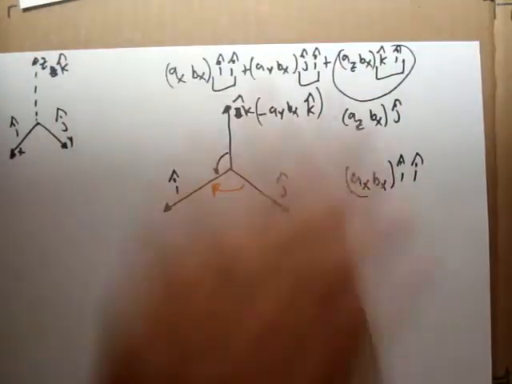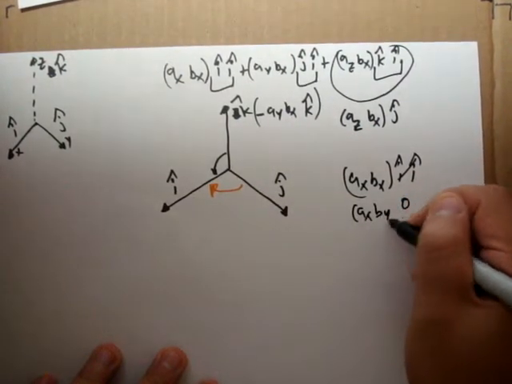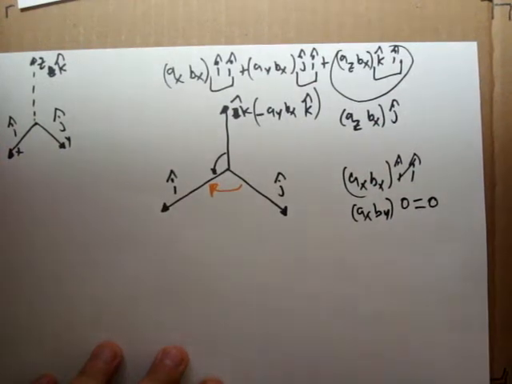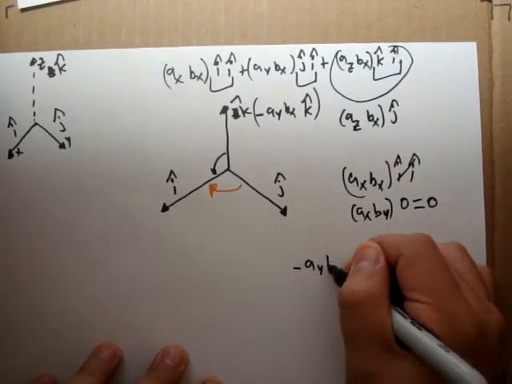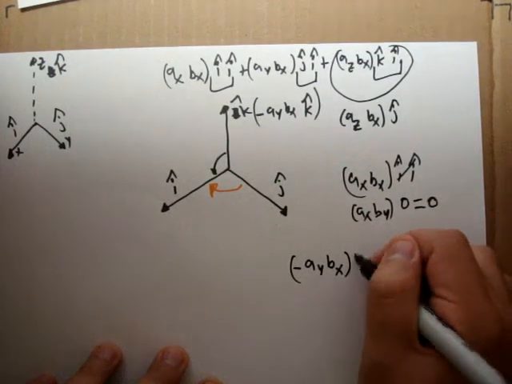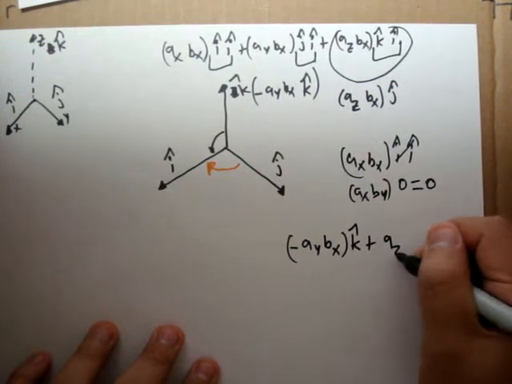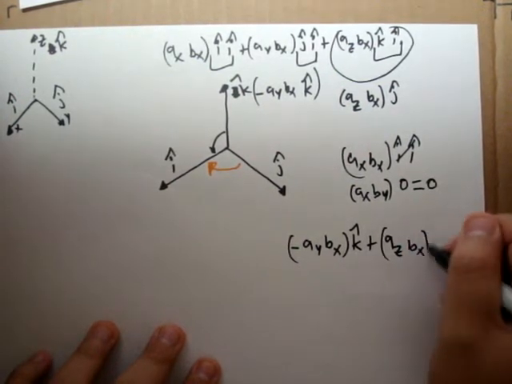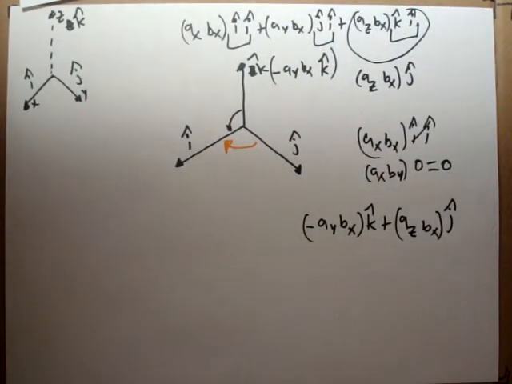So this simply equals 0: 0 times ax bx equals 0. So from the first expansion, we're left with negative ay bx in the k direction, plus az bx in the j direction. So we've only done the first third of the expansion.